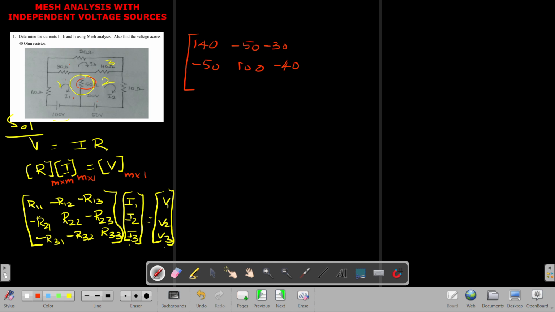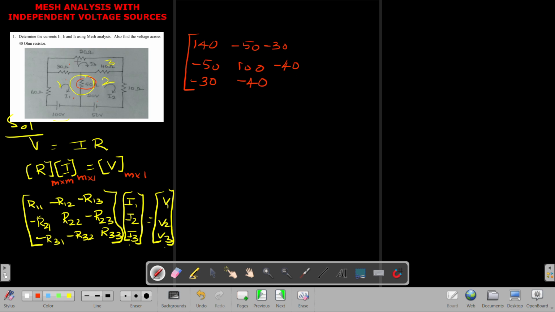And then we have R31, again the resistor connected between mesh 3 and mesh 1, which is a 30. So again it is off diagonal, so I'll keep minus 30. Then R32 is the resistor connected between mesh 3 and 2, which is a 40. So again off diagonal, so I have to go with a minus 40.